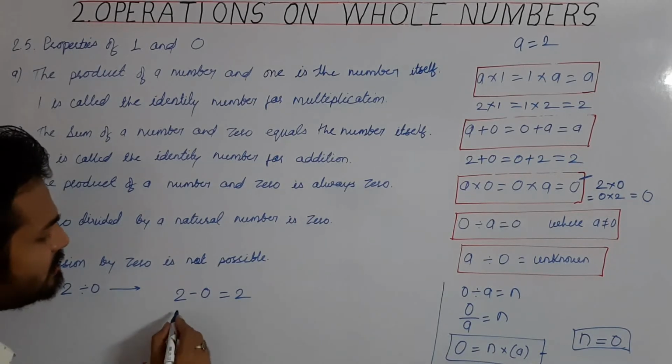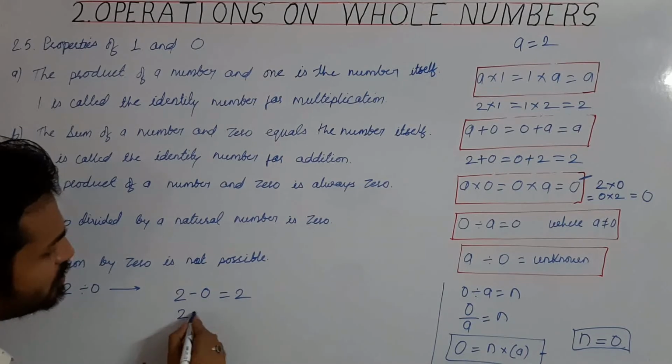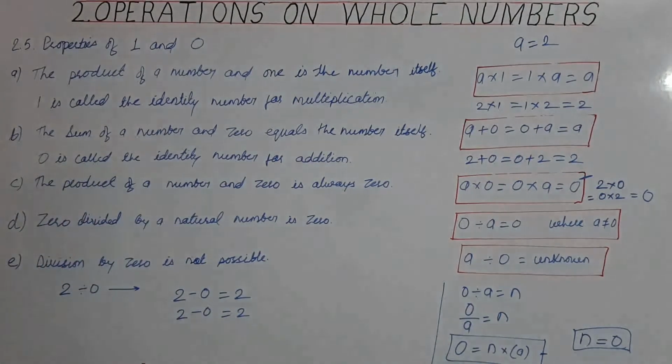Again in the next step, we will repeat the process by writing 2 minus 0 again. Again we will get 2. So after every step we are going to get the same number. So it is impossible to divide a number by 0.